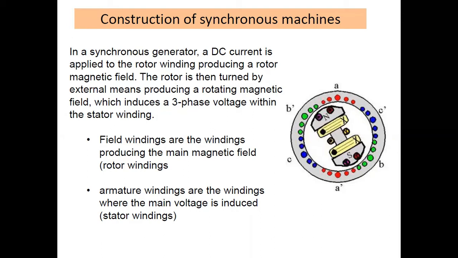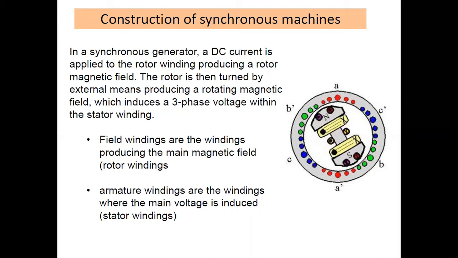Now let us start with some basic aspects like construction and working principle of synchronous machine. As we all know, synchronous machine is of two types. One is synchronous motor and the other is synchronous generator. Our part of interest is synchronous generator.